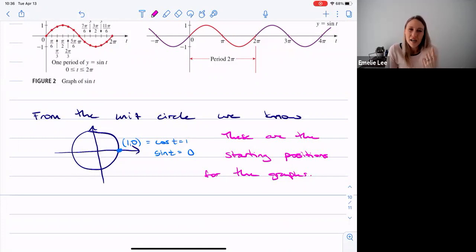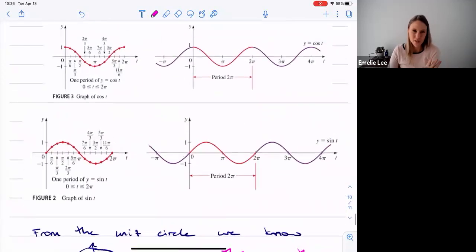Good. I also sometimes, to remember which graph starts where, because it's going to matter if you start at 1 or if you start at 0, right? Because if you start at 1, like cosine, then after 2 pi, you have to end at 1. Whereas if you start at 0 and then go a distance of 2 pi, you have to end at 0.